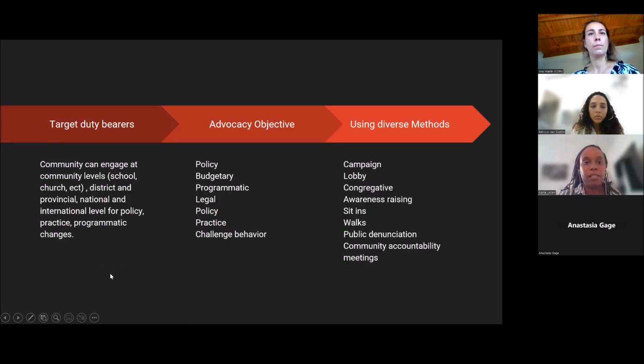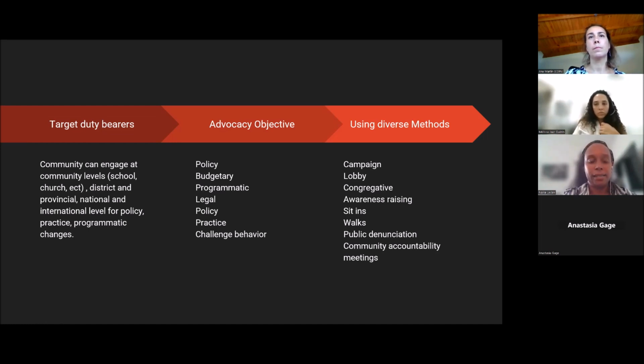So in this advocacy, it's important to target the duty bearers and then look at our audience, and it can engage at all levels. It can be at community level. It can be duty bearers at a school when we want to implement sexual and reproductive health programs, for example, or church, when we want religious leaders to help raise awareness on the prevalence of COVID-19.